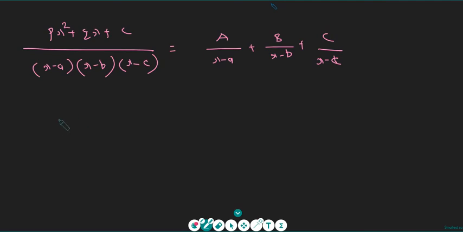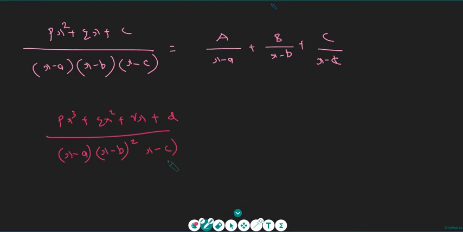Maybe you will get px cube plus qx squared plus rx plus let's say some d, divided by x minus a, but x minus b all square. But you won't get this kind of tough questions in your exam.